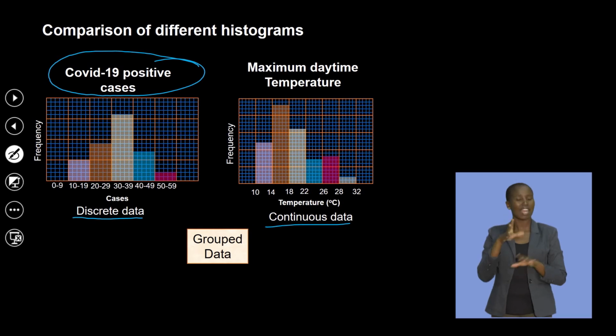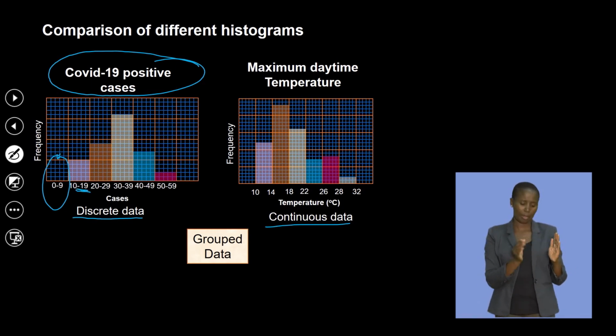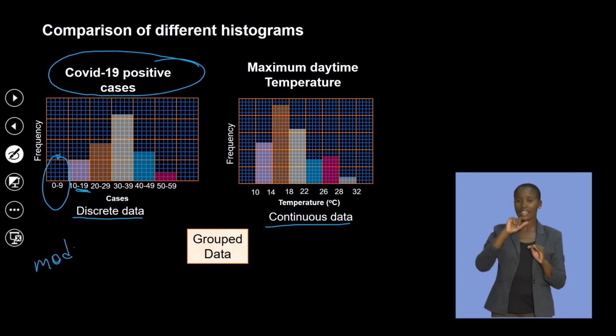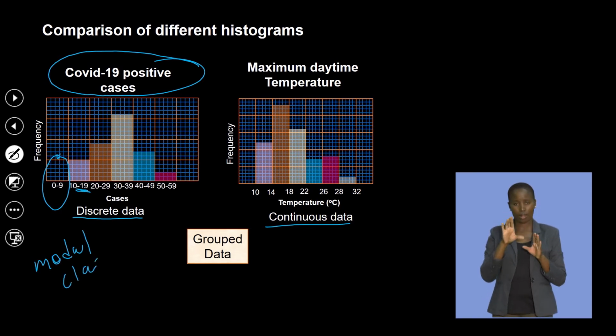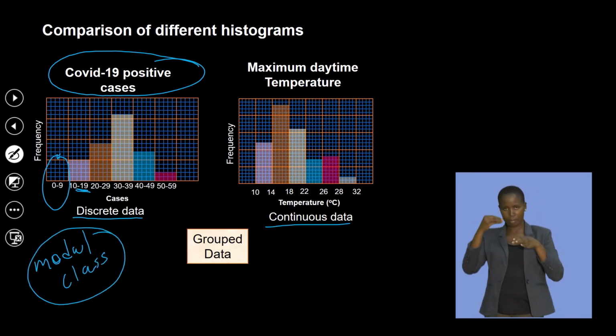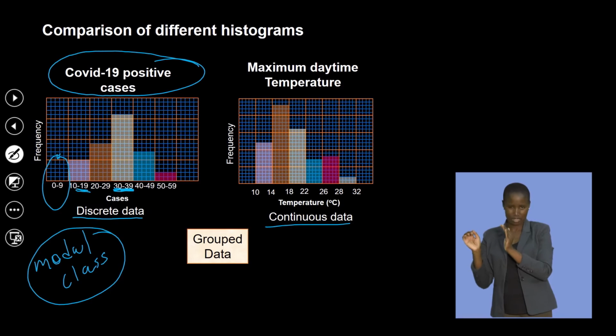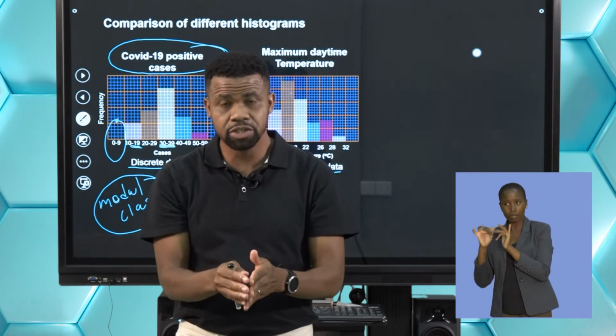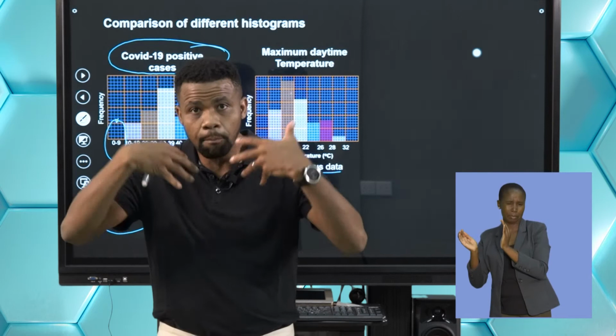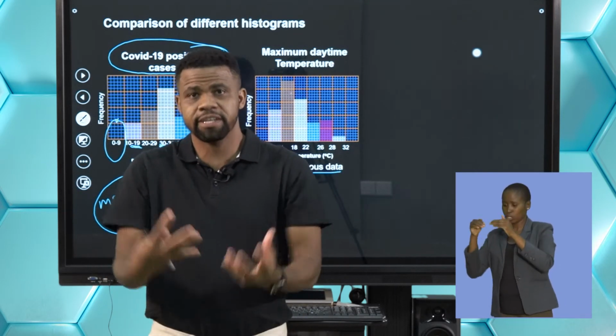Are we together? If you look at this, between the ages of 0 and 9, there's nothing. The highest bar is what we call the modal class. The age between 30 and 39 has the highest frequency, so that age group has the most reported positive COVID cases.